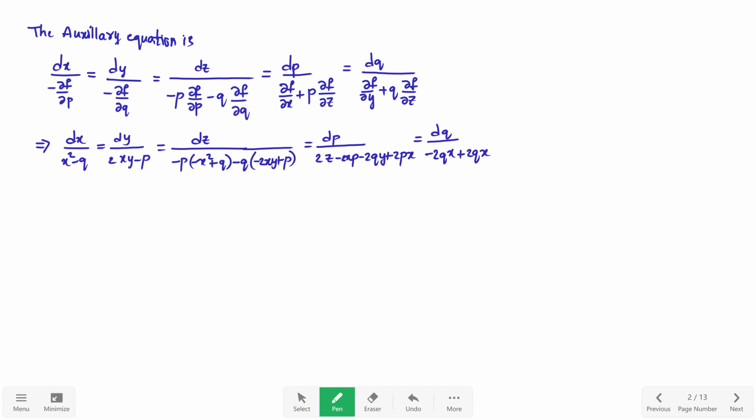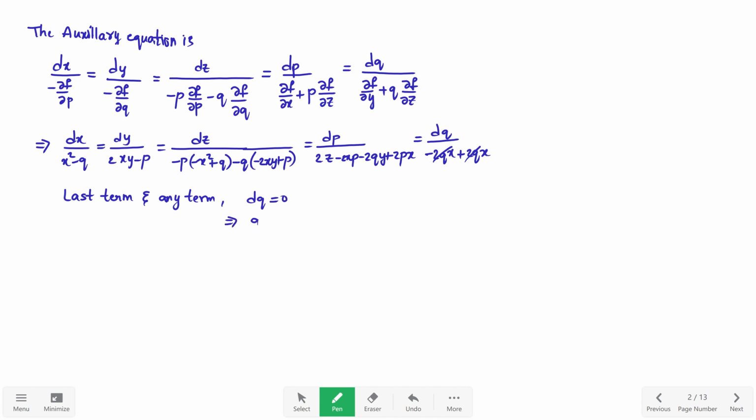Now to find one solution, if we see the last term, we have dq by minus 2qx plus 2qx. That means we get dq by 0. Now to find one solution, simply we may take the last term and any of the remaining terms. If we take the last term and any term, we get dq equal to 0.